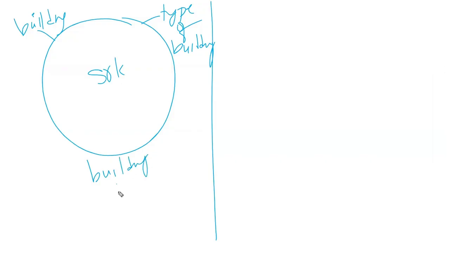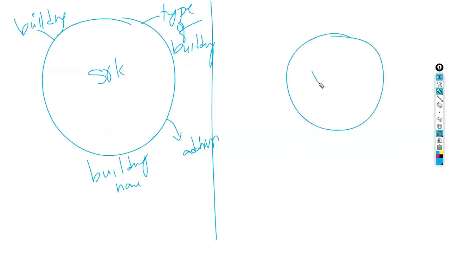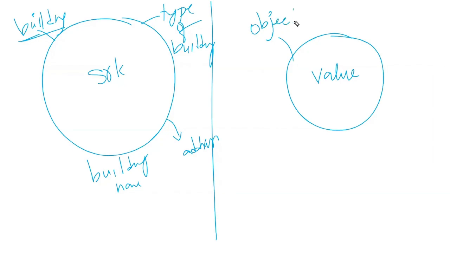For every building, one name will be there and one address will be there. And inside, the person will be there. Same thing in Python. Inside, whatever we are having is the value. And this building is called an object.